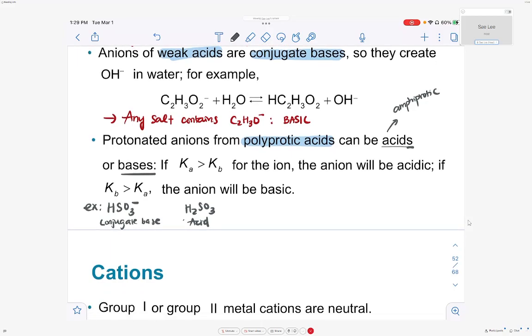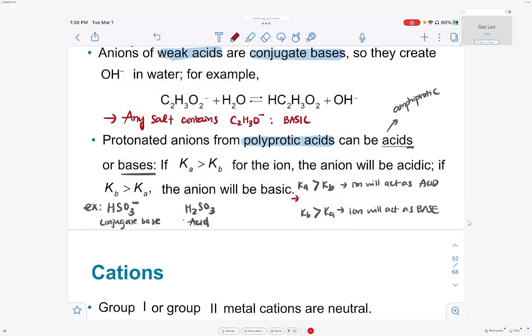So for these salts that contain anions of polyprotic acids, if Ka is larger than Kb, then this ion will act as an acid. If Kb is larger than Ka, then the ion will act as a base.